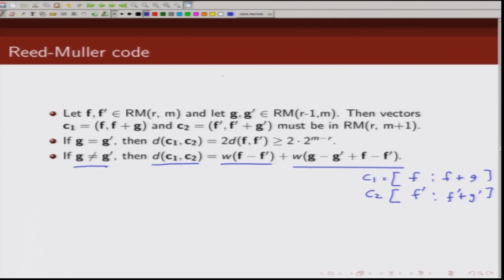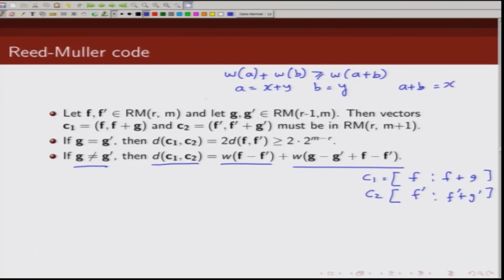Now, we also know that if you have two n-tuples A and B, then the weight of A plus the weight of B is greater than or equal to the weight of A plus B. Now, if I consider A to be x plus y and B to be y, where x and y are binary n-tuples, then A plus B will be x plus y plus y, which is x.